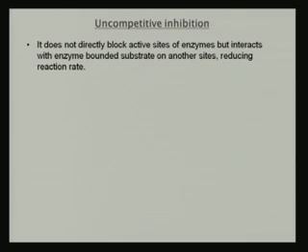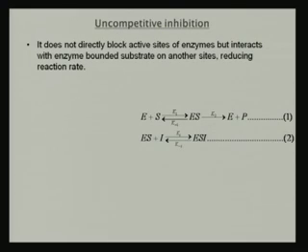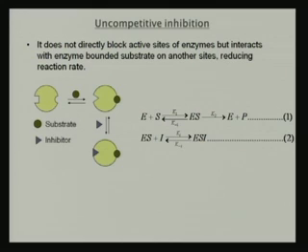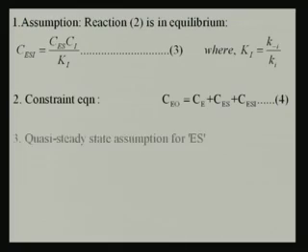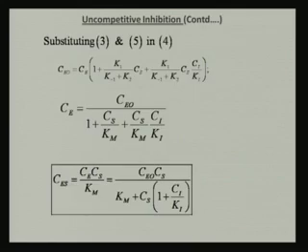In uncompetitive inhibition, the inhibitor and the substrate do not compete for the same active site, and the inhibitor essentially binds to the non-active site, another site.